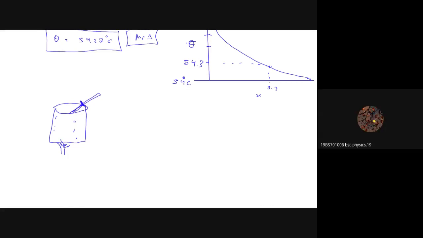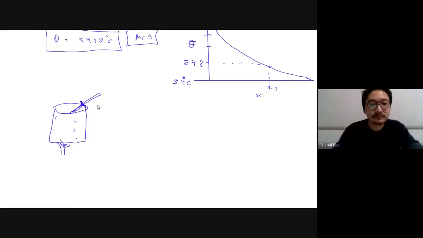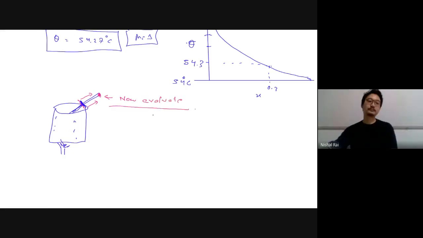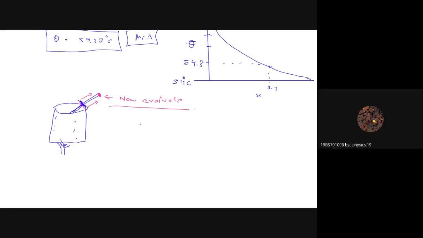That is a contact point. And from there, the heat will start moving over here. What will be the temperature over here that you can now evaluate? No, I think it's clear.